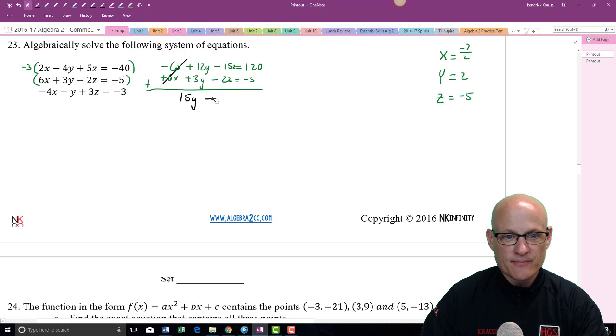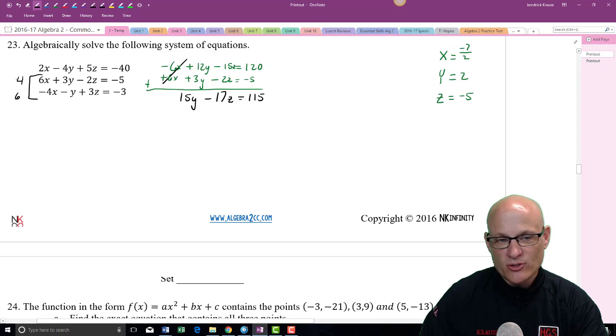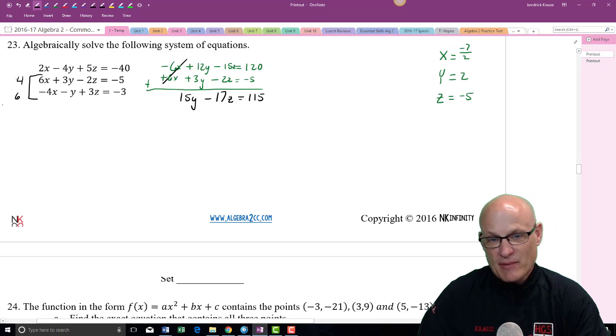All right, so now I'm going to put these two together, and I'm going to put the other two together. This one's not quite as easy, so I'm going to multiply this one by 6 and this one by 4, because that'll give me 24. I know I could do it by 3 and 2, but I just like interchanging the numbers. I think it makes it easier.